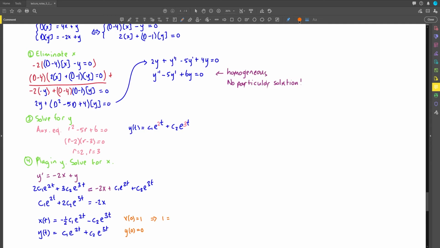So on the right hand side, we get negative 1/2 c1 e to the power 2 times 0 minus c2 e to the power 3 times 0. And for the second part, we get that 0 equals, plugging in 0 here gives us c1 e to the power 2 times 0 plus c2 e to the power 3 times 0.